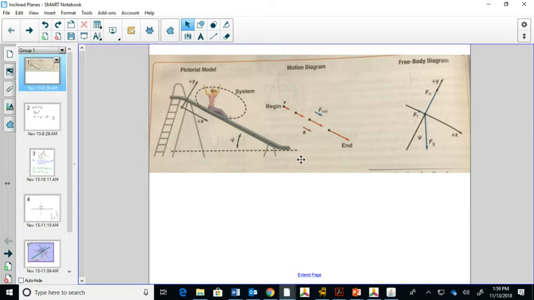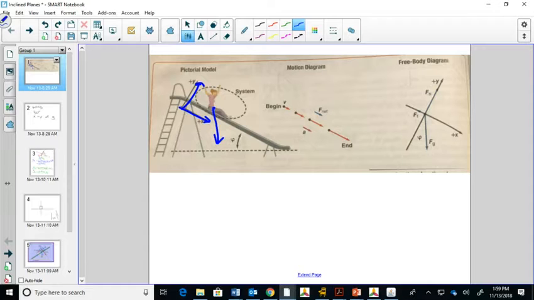Yes? The force of gravity. And are you comfortable that gravity is pulling directly down on her? Okay. But can you see that we actually make the axis of this motion to be parallel with the slide? Because it just is easier for us to change our coordinate system and make it parallel with the surface.